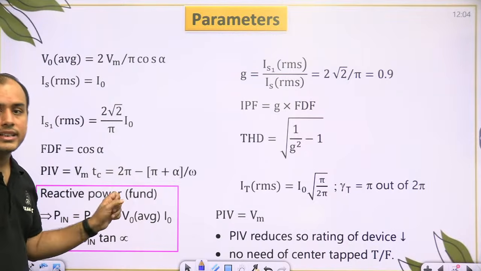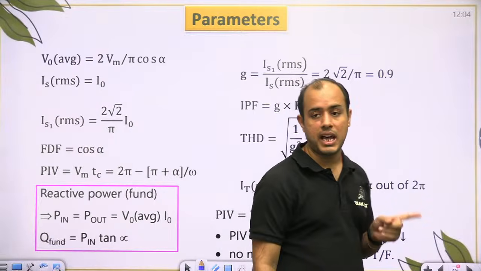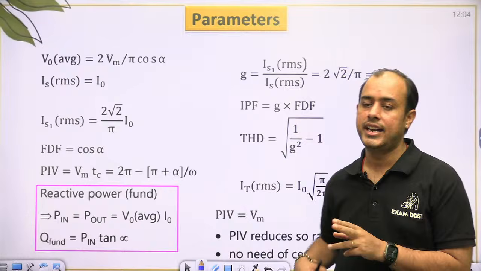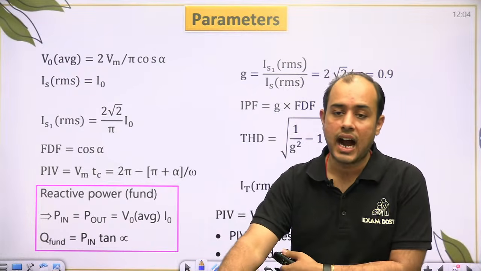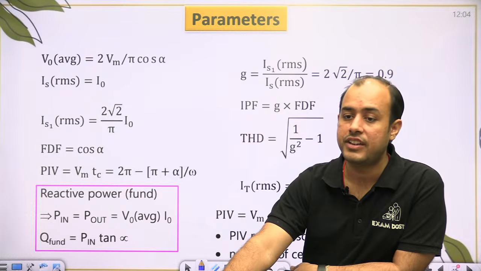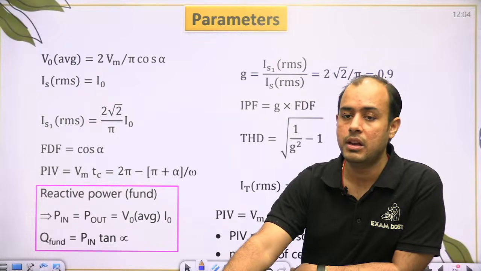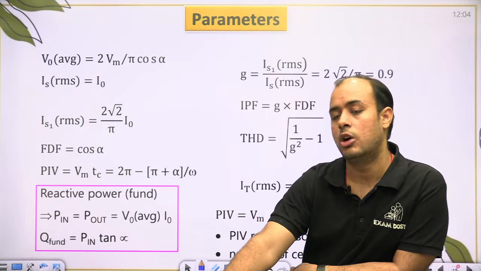Because I naught is constant, the real power is derived by multiplying V average into I naught. क्योंकि I naught constant है बेटा, तो पावर निकालने के लिए V average का इस्तेमाल किया जाएगा. Okay, we will make use of the average output.